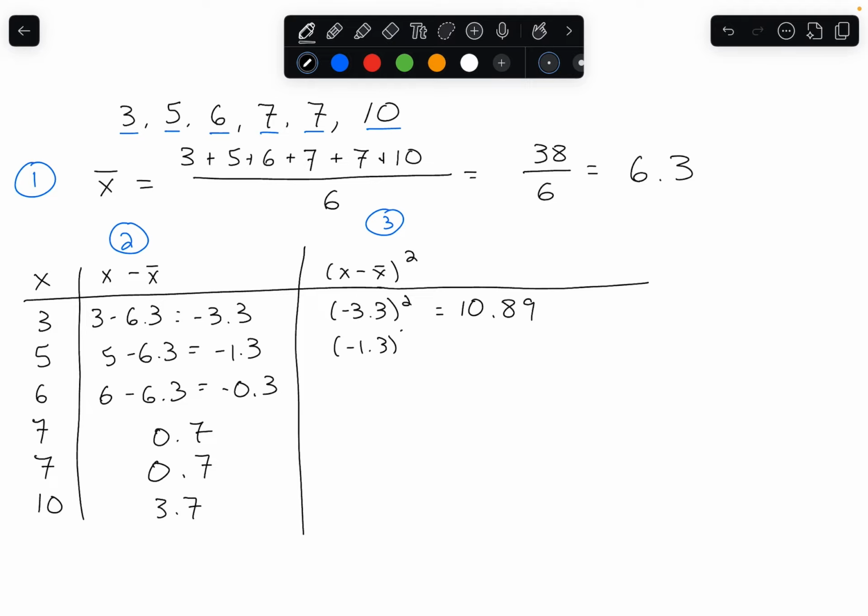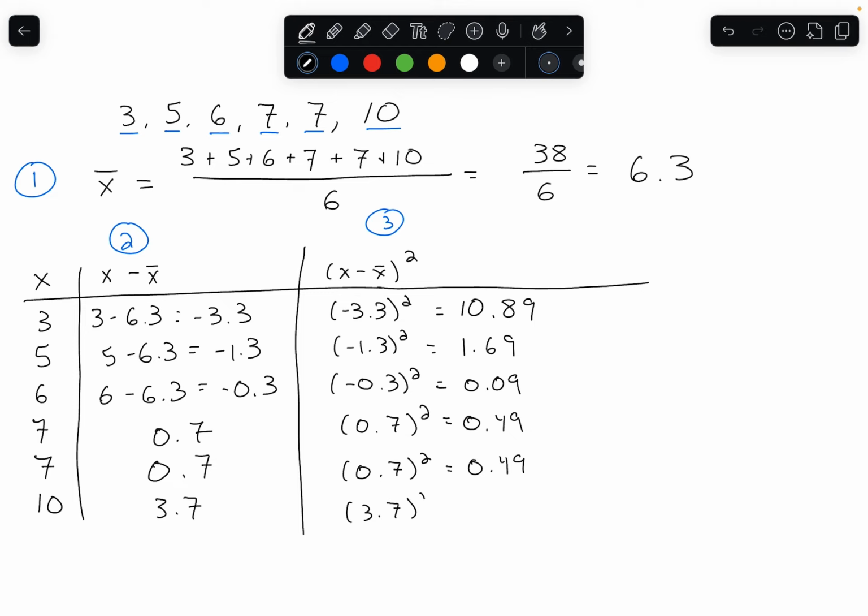Negative 1.3 squared gives me a positive 1.69. And then negative 0.3 squared gives me 0.09. 0.7 squared gives me 0.49, and 0.7 squared gives me 0.49 again, and 3.7 squared gives me 13.69.